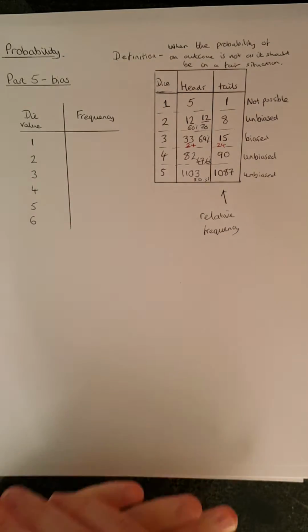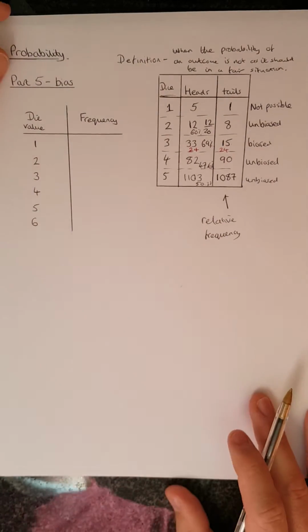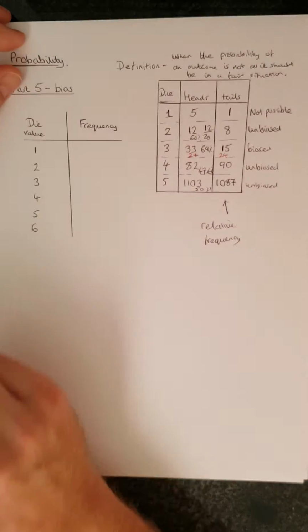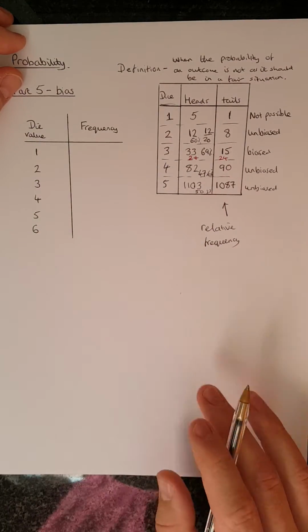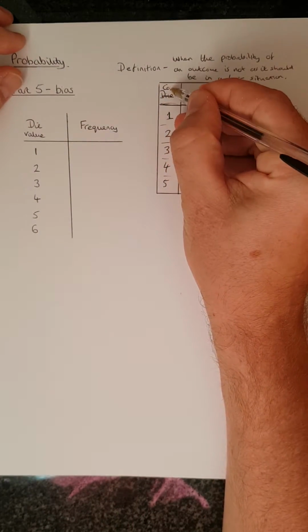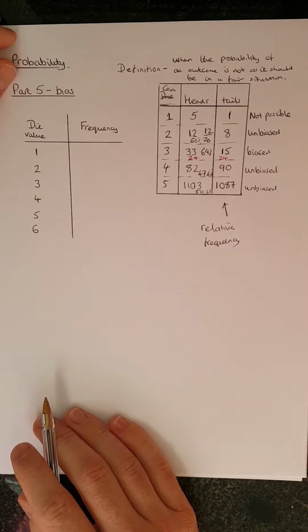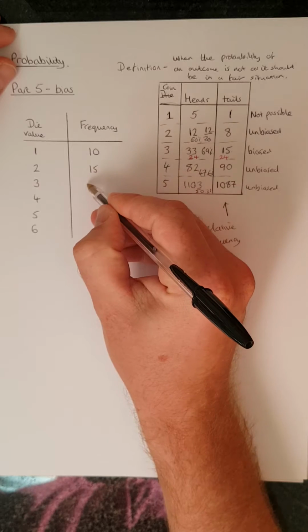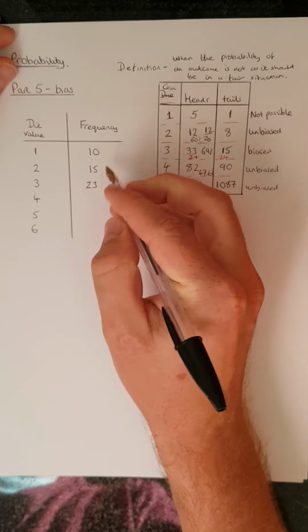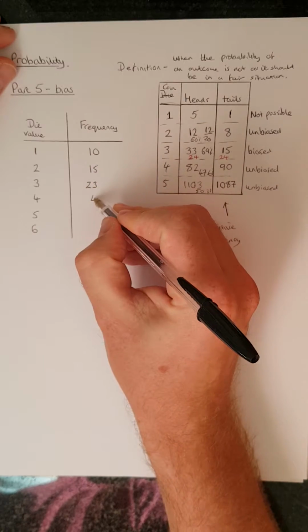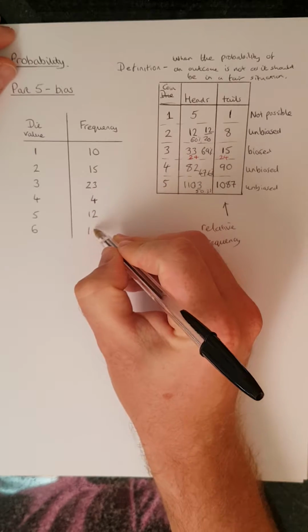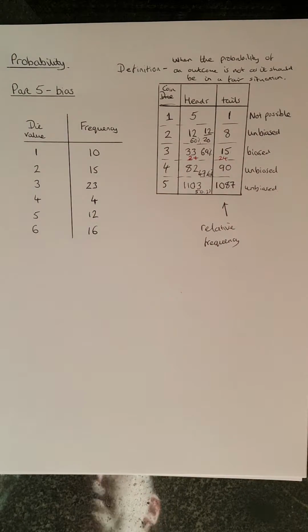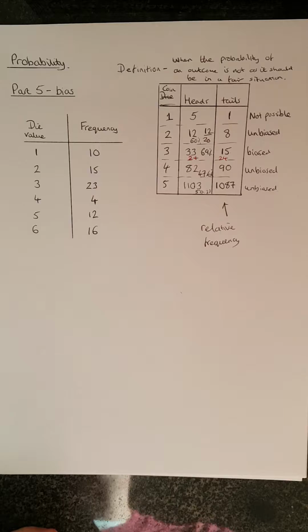Okay, let's do the same thing now with a dice. Apologies, that should have said coin. Here are the scores for a dice for each number. I want you to decide whether or not you think the dice has bias.